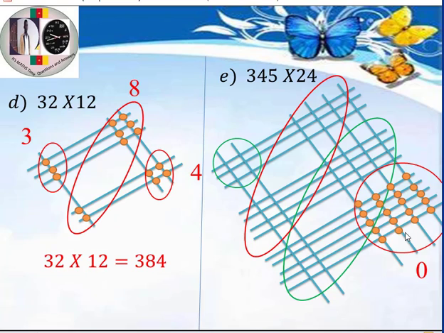Remember, we carry 2. So let's look at the next region, which is the green diagonal region. So we are going to count the intersections there as well.